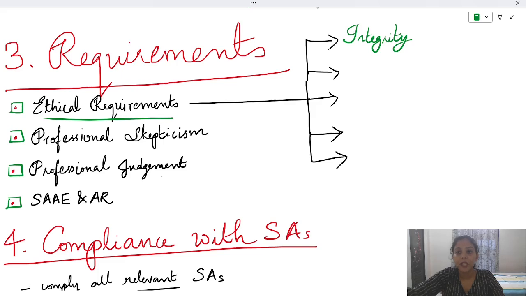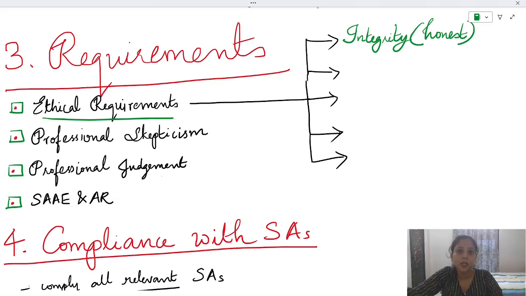Integrity. Integrity means what? Being honest. The auditor is expected to be honest and to keep integrity. Say, for example, when you are auditing, you come across a fraud transaction and you understood that a friend of yours, or a sister, or your sibling, or any relative of yours has committed that particular transaction.